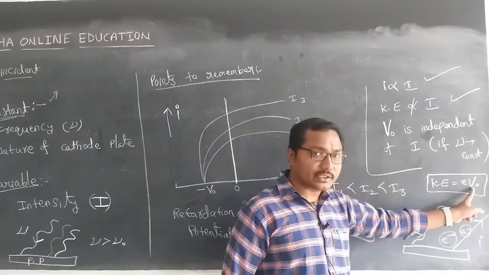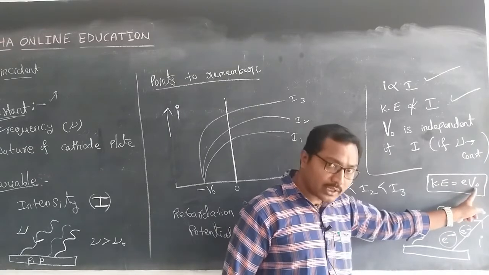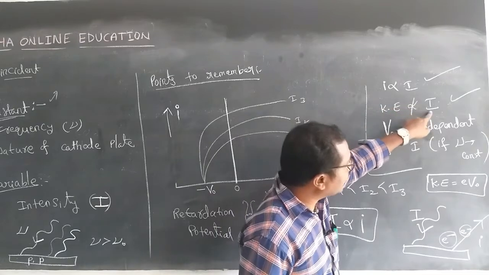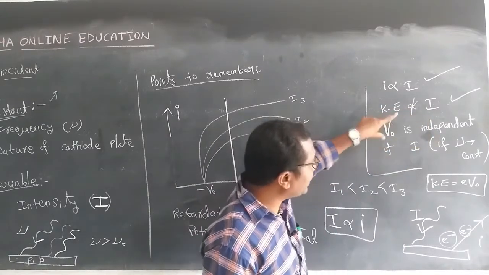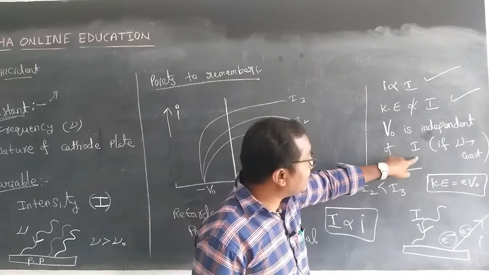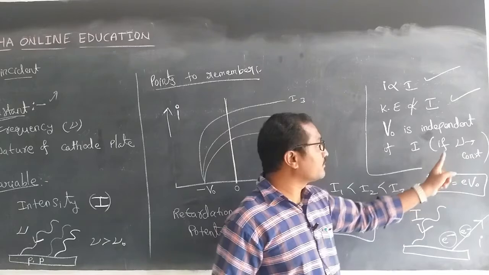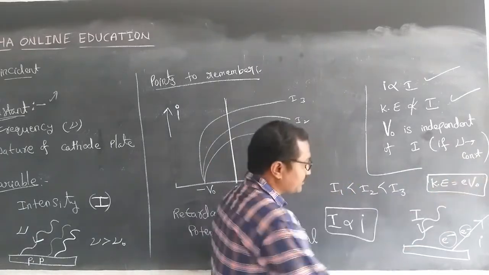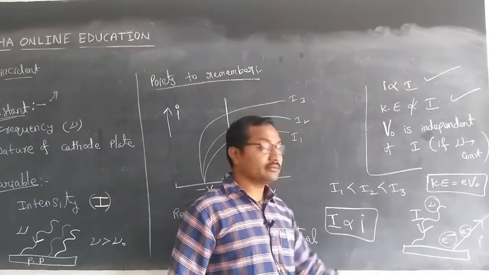So kinetic energy is directly proportional to the stopping potential. Kinetic energy is independent of the intensity of radiation. Similarly, stopping potential is also independent of the intensity of incident radiation when the frequency of incident radiation is constant.